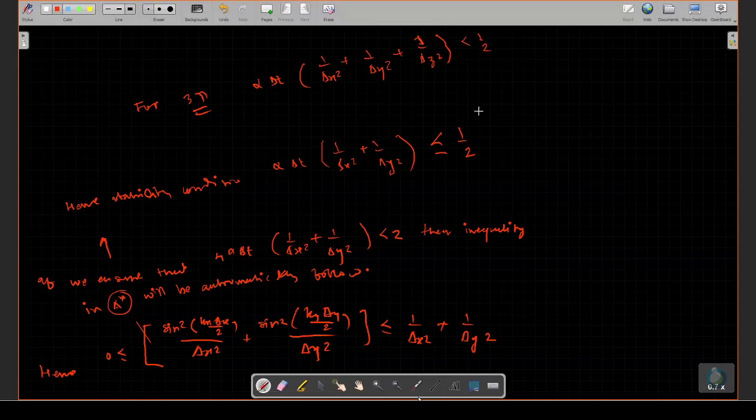These are the conditions for all delta x, delta y, delta z and delta t in the case of a parabolic, explicit, FTCS kind of formulation. So this is about the stability.